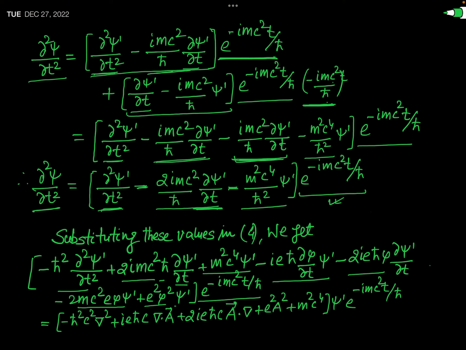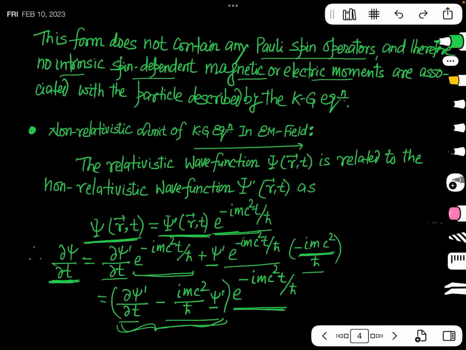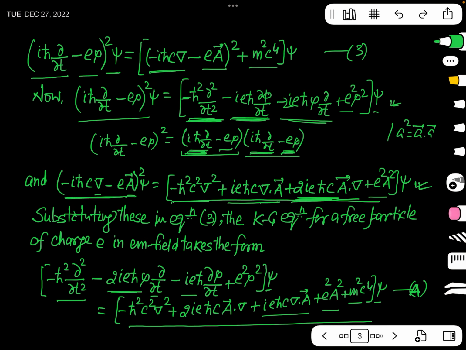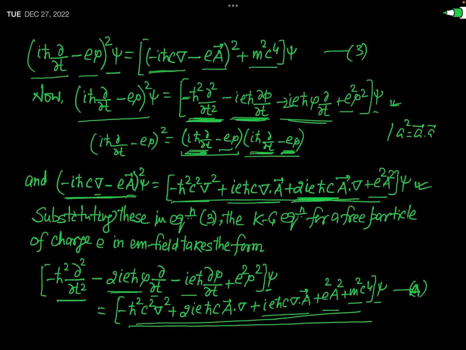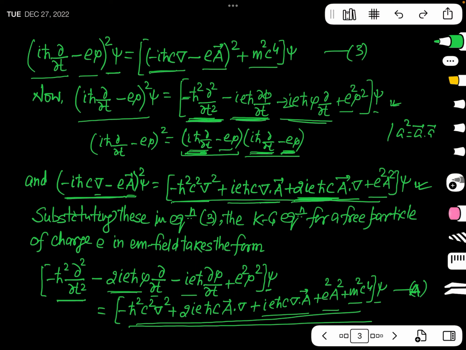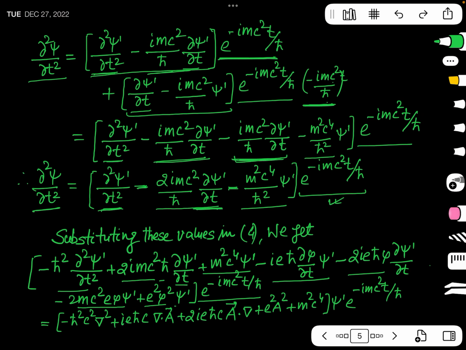Okay, now see the RHS. RHS of this equation is this much. In the RHS neither ∂ψ/∂t nor ∂²ψ/∂t² is present. So this RHS will remain as it is, and you can directly write the RHS of this equation.